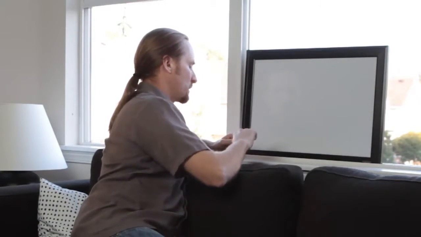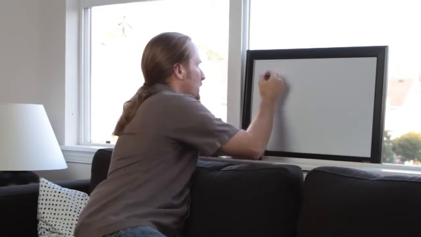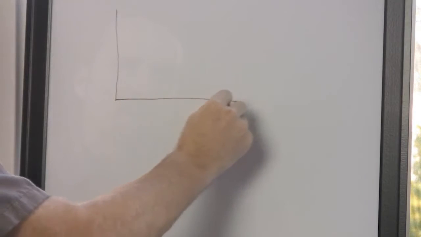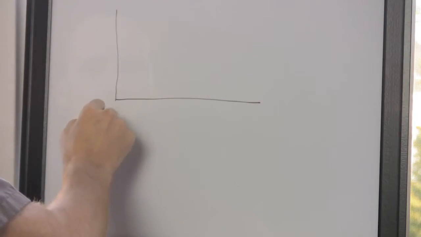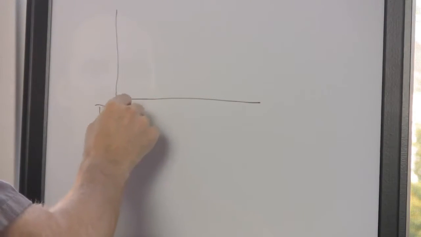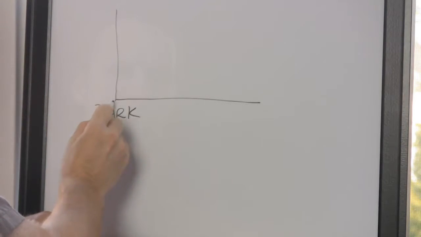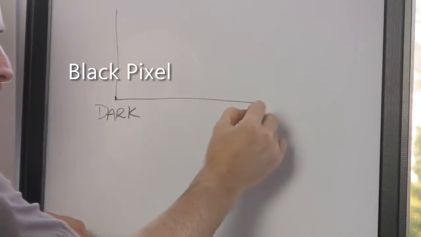So this is your histogram display, and on this end we have dark pixels. These are the points on your image that are dark, and this point is the darkest pixel possible. So that's a pure black pixel.